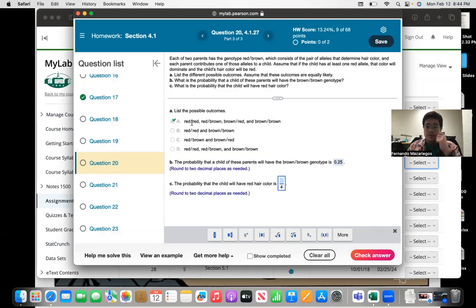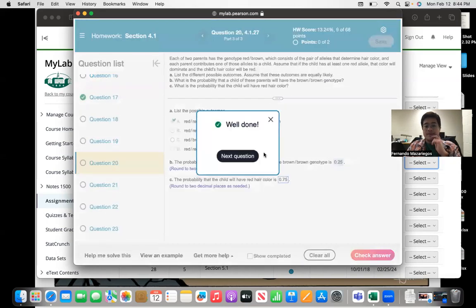So this is red, this is one, red-brown, this is two, brown-red, this is three, and brown-brown does not have a red one. So we have three possible outcomes where we have a red one. So the probability is 3/4, which translates to 0.75 as a decimal.